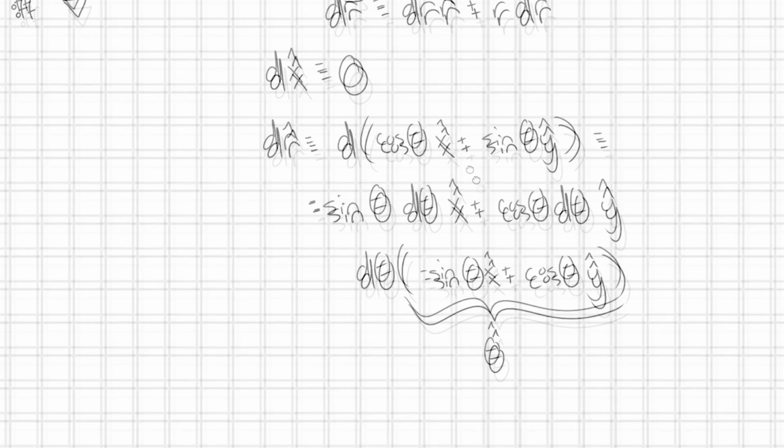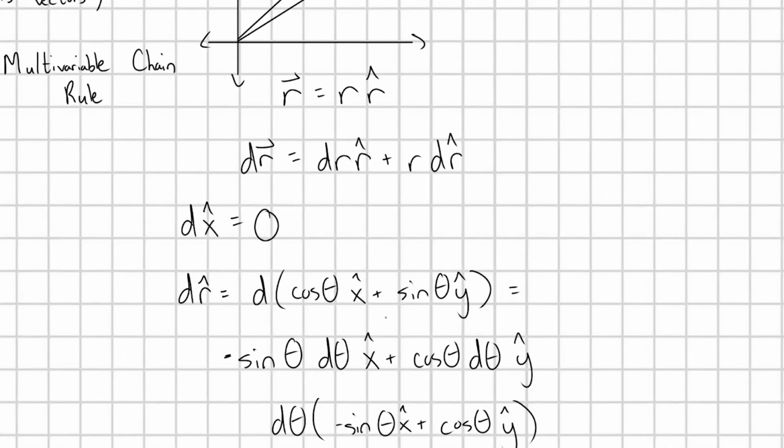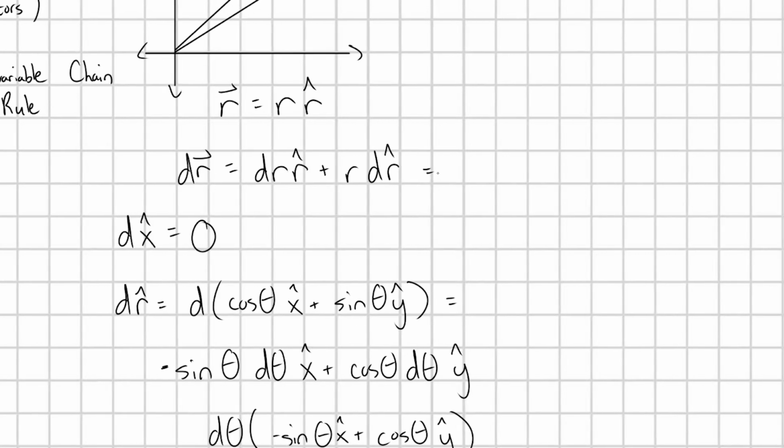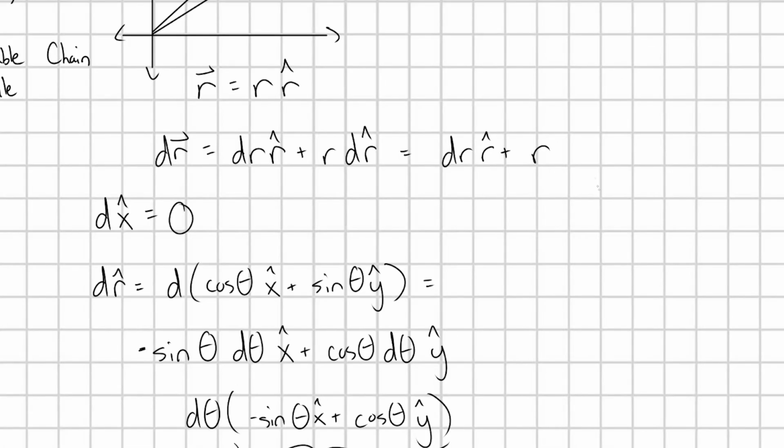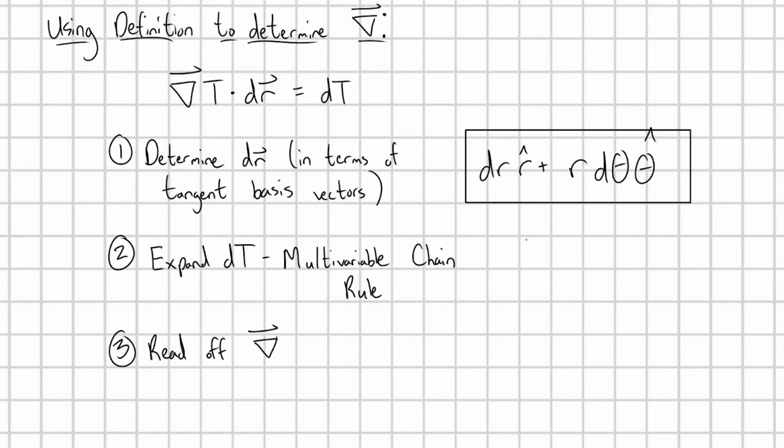And so now we've come up with dr. Really this is going to be equal to, we have our first component already, so dr r hat plus r d theta theta hat. All right, great. So we have dr.